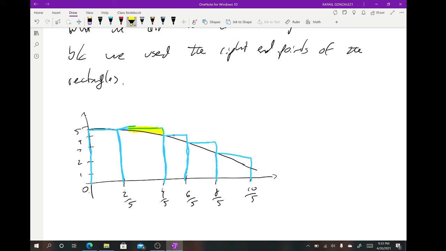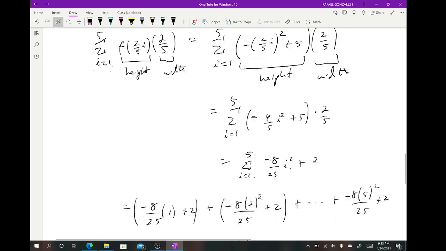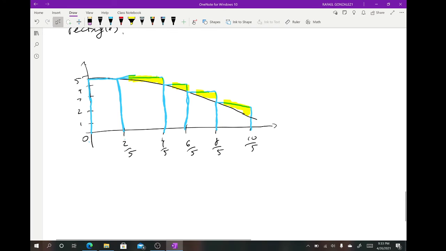In this one we're going to have an overestimation, because these pieces of area that we get on the rectangles are not underneath the curve for which you want to get the area. So if we get the left approximation, we're going to get an overestimation. So we had an underestimation and an overestimation, and the actual area will be between them.